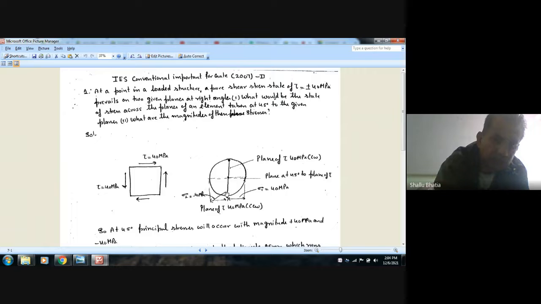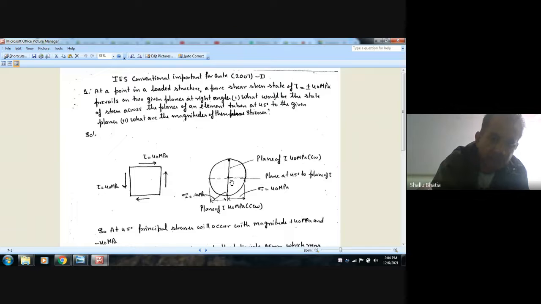This is anti-clockwise, so it will be like this. It will be minus 40 MPa tau stress. Similarly, this will be clockwise shear stress.